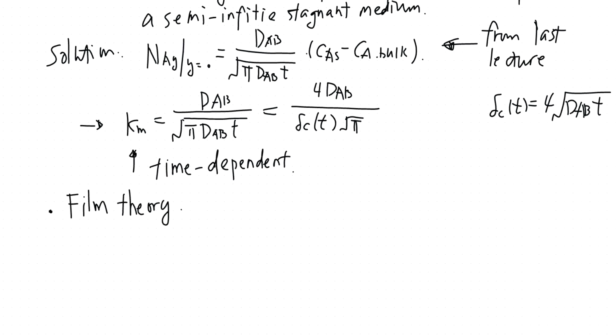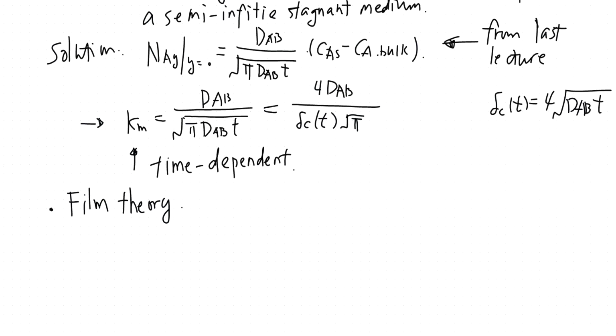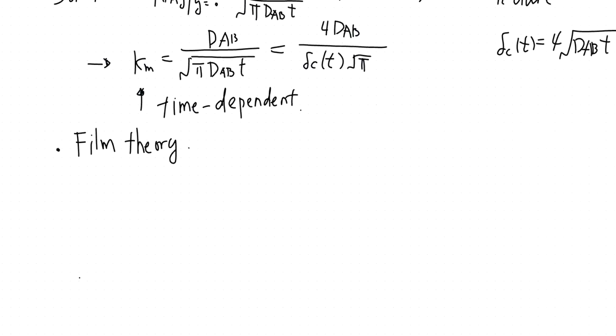So the idea is, as I just said, you may have a plate, and depending on the scenario, you may have some incoming flow, and then you will develop a fluid boundary layer thickness.